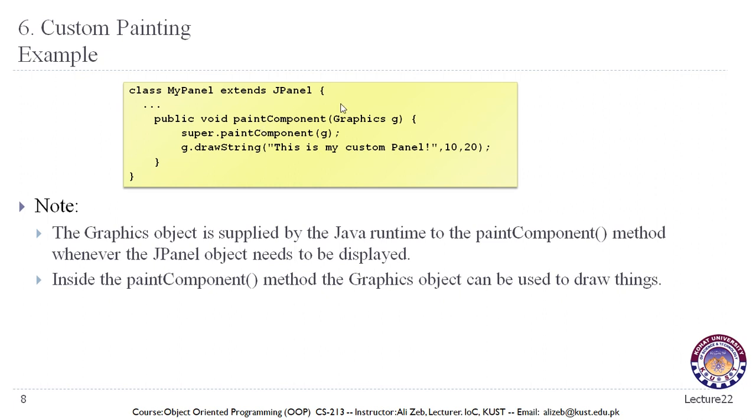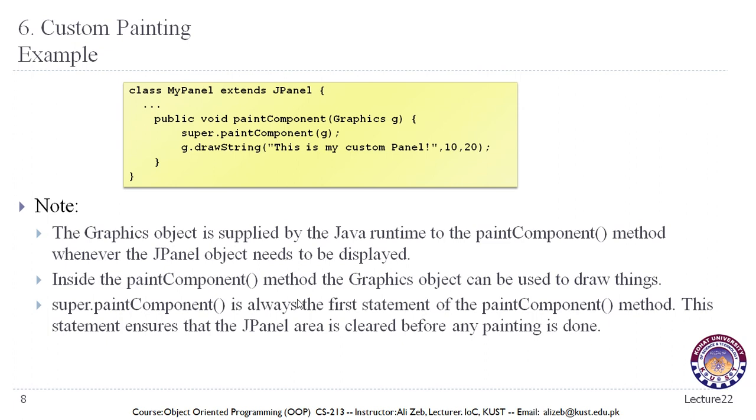So we'll be using the Graphics class's object to draw things on our panel, and we'll see this in the example as well, that we will be importing the Graphics class and using the object of the Graphics class to display or draw things on our forms.